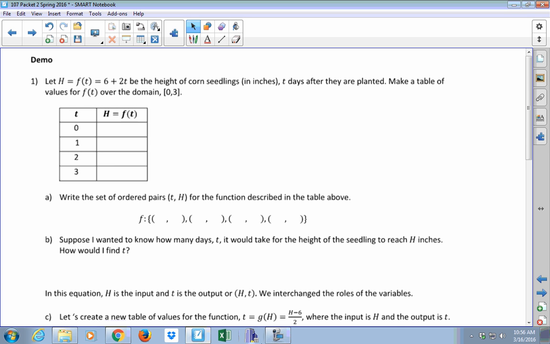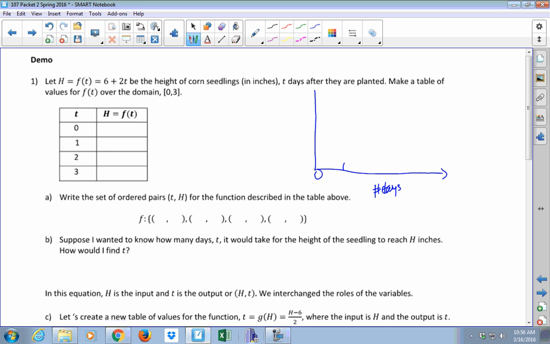So if we were graphing this function, we would have a limited domain, the number of days after planting, 0, 1, 2, 3. And remember that it's all the values in between there as well. And then the vertical axis, your dependent variable, is your height, which measures the height of the seedling in inches.